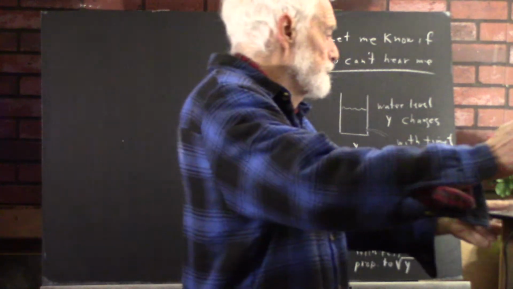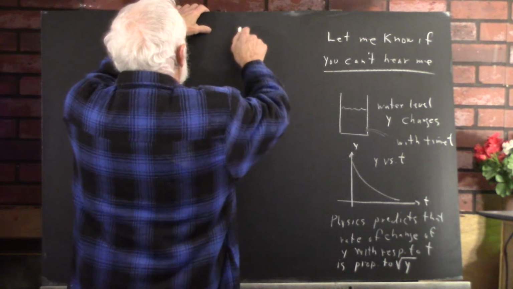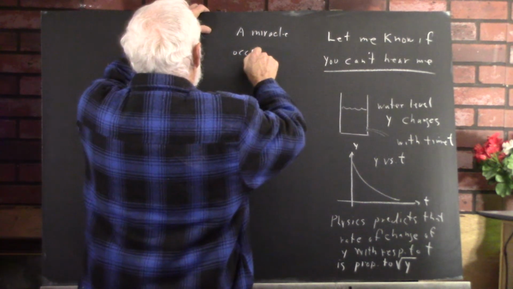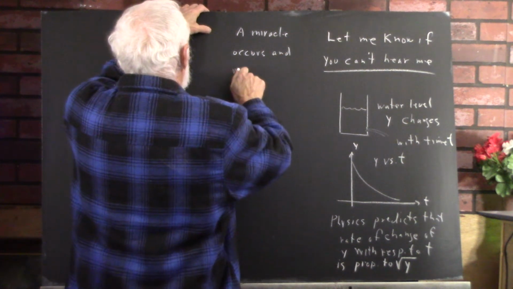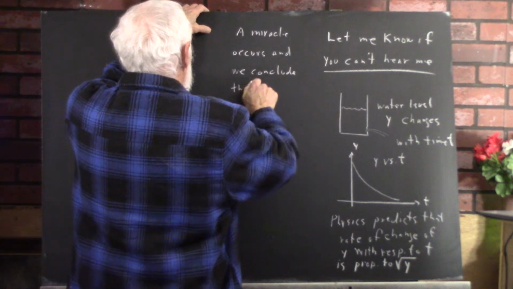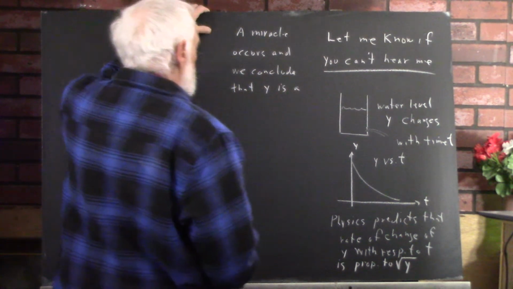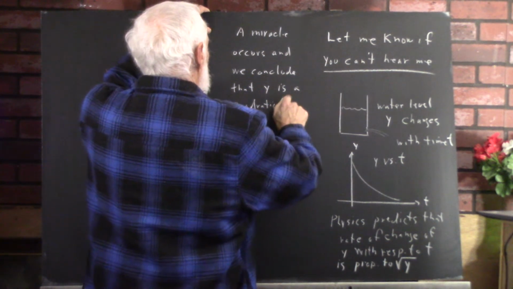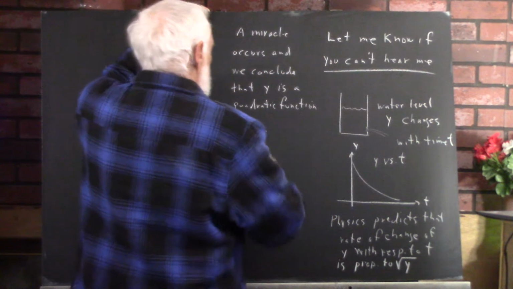So we can say a miracle occurs, and we conclude that y is a quadratic function of t.